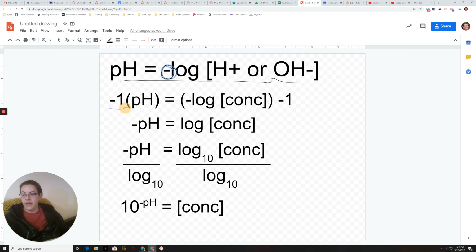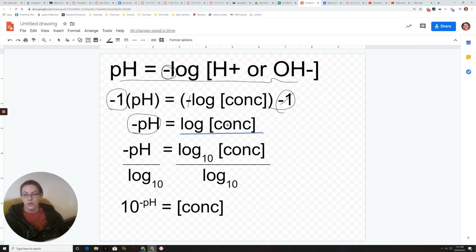So once I do that, see here I've multiplied this side and this side by -1. That, of course, cancels out those negatives on the right side of the equal sign. And that makes your pH now a negative number. Okay. And that leaves us with the log of the concentration on the right side.